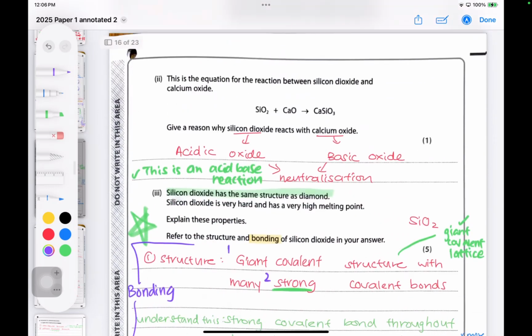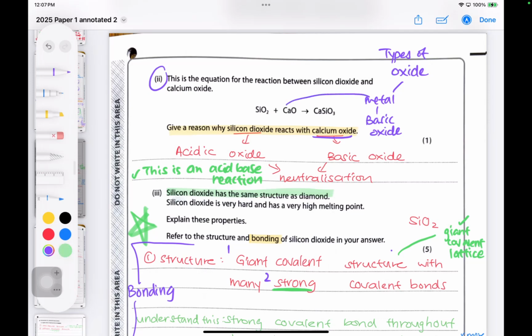This is also another part of the question. Linked to that, you have silicon dioxide and calcium oxide. This question was also challenging for a lot of students: why can silicon dioxide react with calcium oxide? If you remember, there's a part of your syllabus that talks about types of oxides. Metal oxides are basic oxides, so calcium oxide is a metallic oxide.